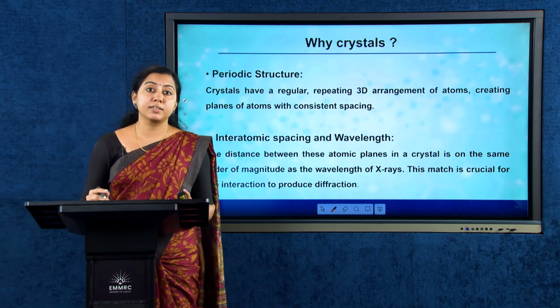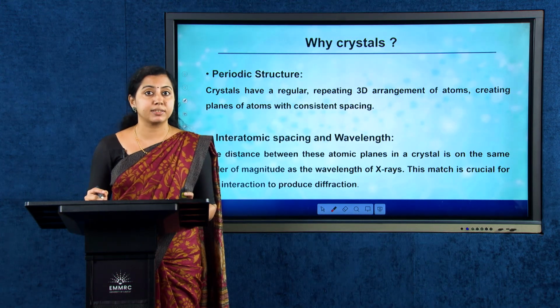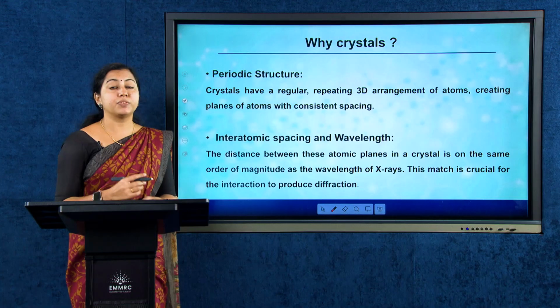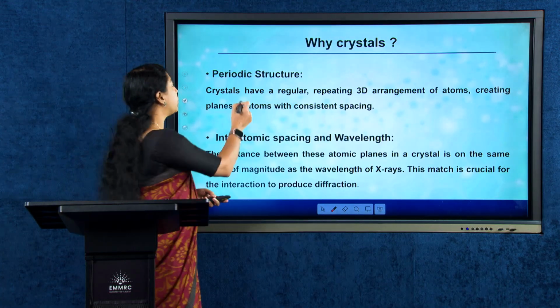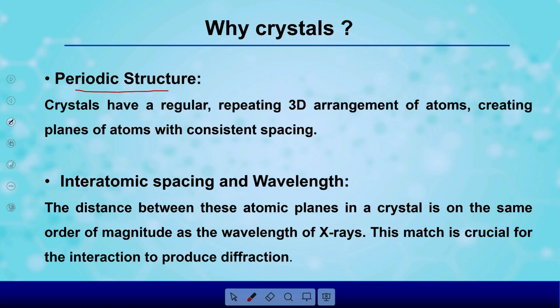And why can crystals be used as diffraction gratings for X-rays? As we said earlier, because of their regular periodic structure. We know that crystalline solids have a regular repeating three-dimensional arrangement of atoms. So, this regular periodicity can create planes of atoms with consistent spacing.